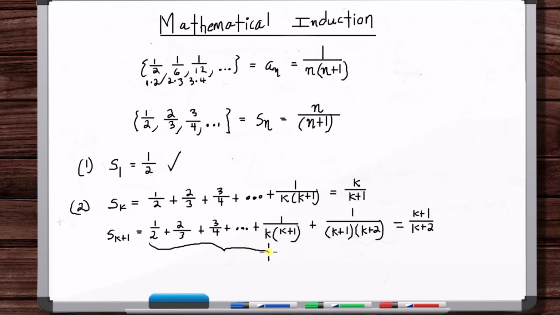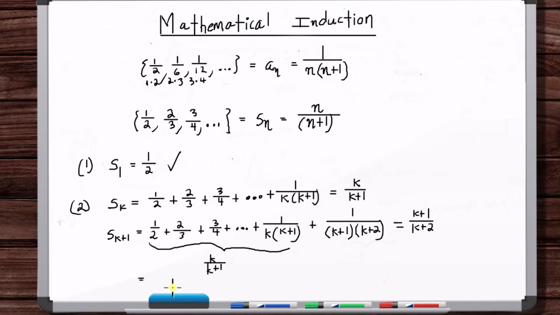This is S of k, so this is k over k plus 1. So now let's add up k over k plus 1 plus 1 over k plus 1 times k plus 2.